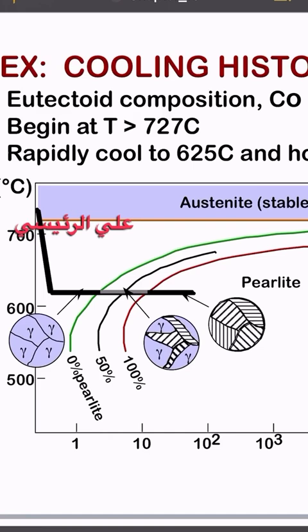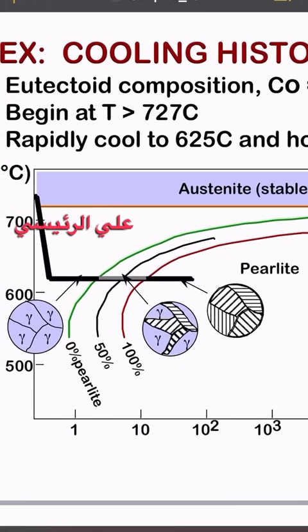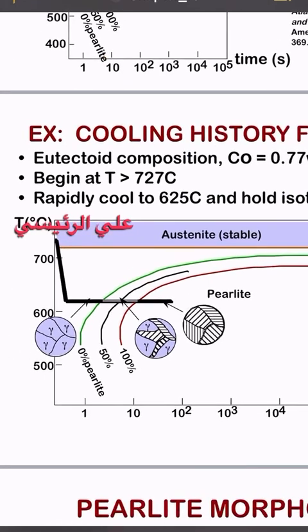So after 10 seconds it changed from austenite to perlite, as you can see from these numbers down here. The circle in the middle is what I mentioned: 50% austenite and 50% perlite. This is how the transformation happens from austenite to perlite.